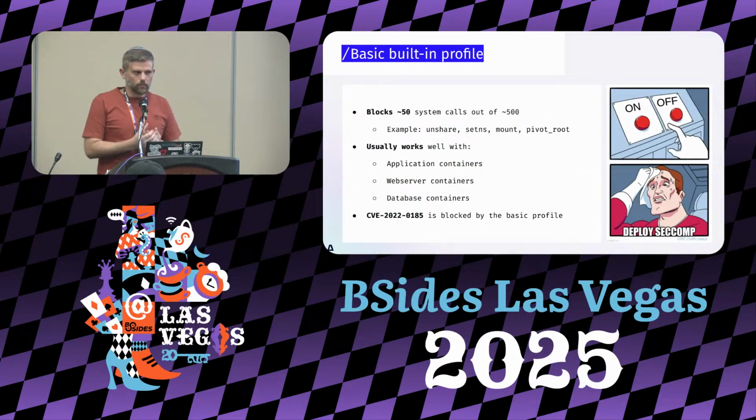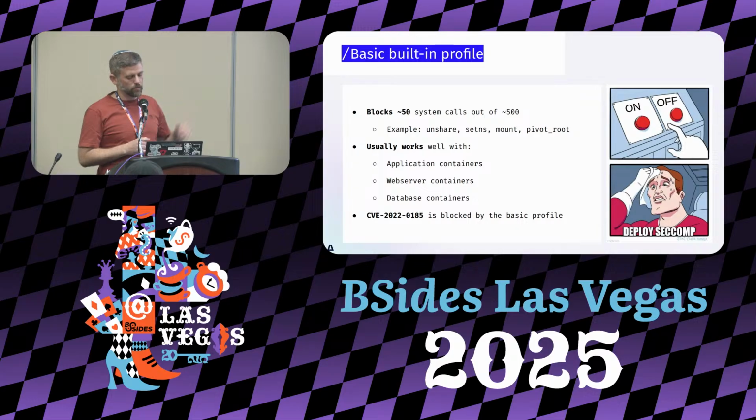So let's talk a minute about the basic built-in profile. It's really cool because it blocks only around 50 system calls. I don't have the specific number because it changed over time. But it blocks a lot of system calls that are usually not used in a containerized application.